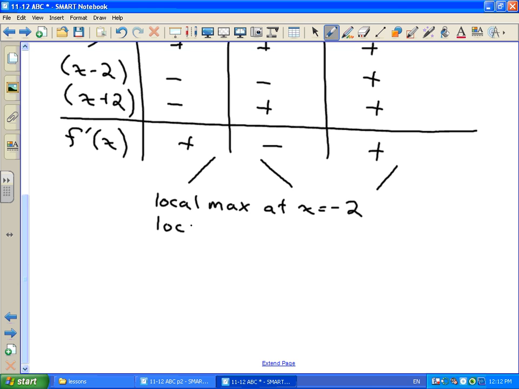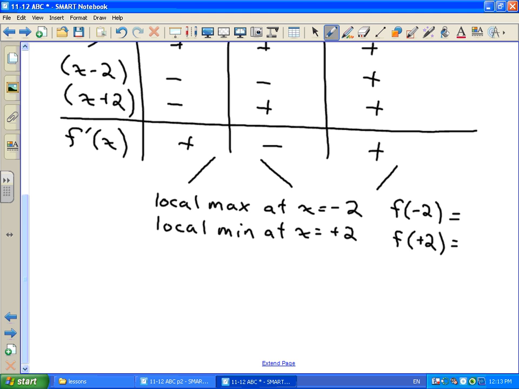We have a local minimum at x equals +2. Okay? Because at -2 it goes from positive to negative, and at +2 it goes from negative to positive. We should work out these values as well, the value of the function at -2 and 2.